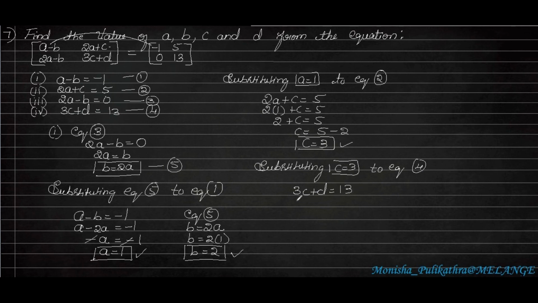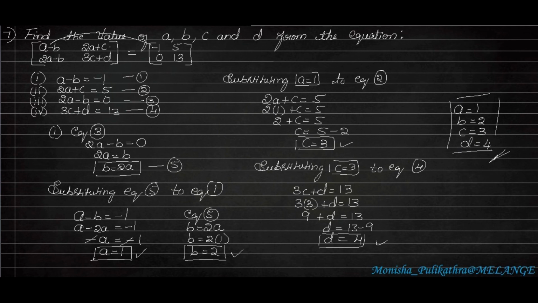In the place of c, I substitute 3. 3 threes are 9, plus d is equal to 13. D is equal to 13 minus 9, so d is 4. So we got the values for all four letters: a is equal to 1, b is equal to 2, c is equal to 3 and d is equal to 4.